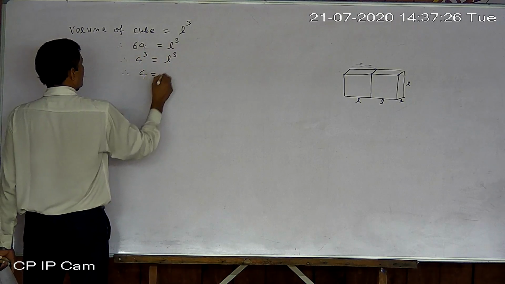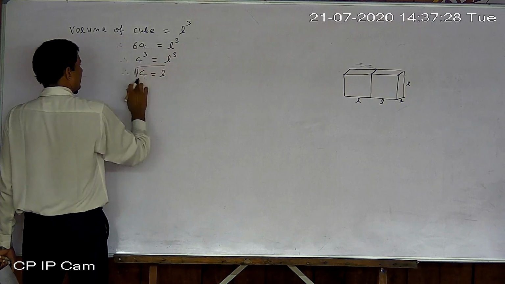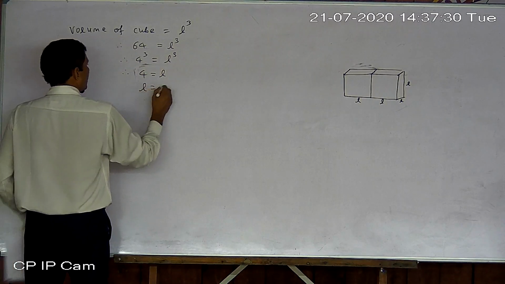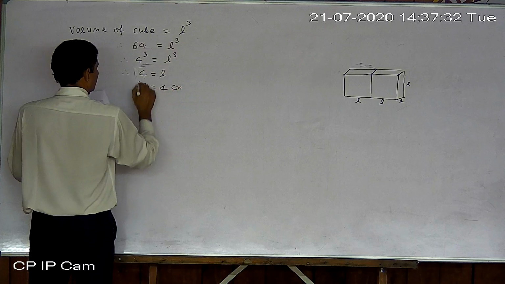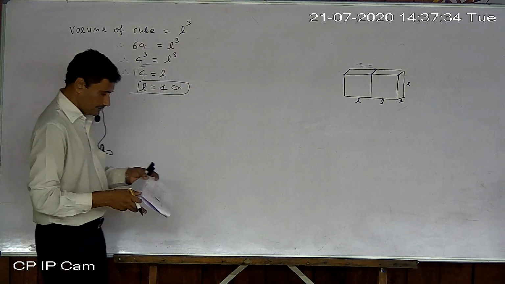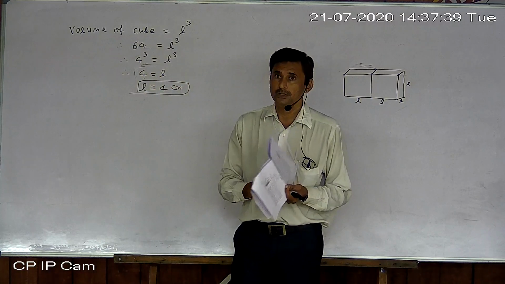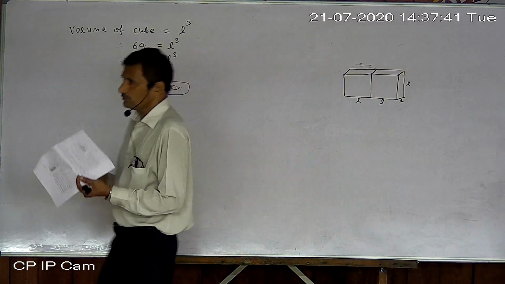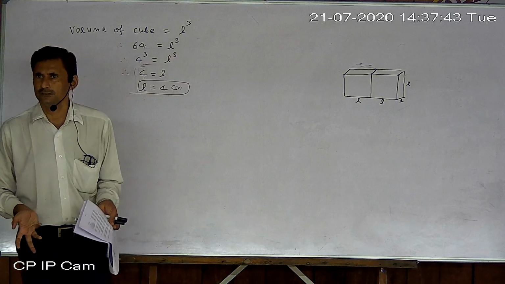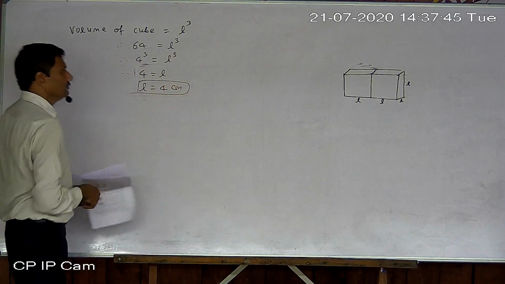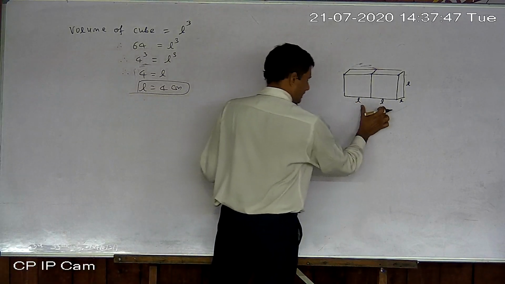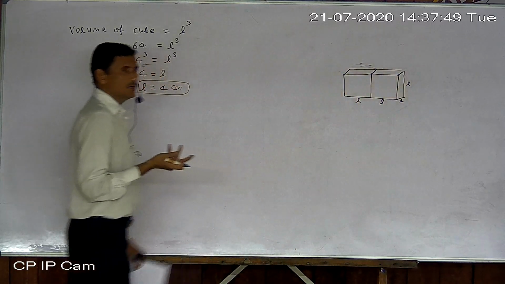Therefore 4 equals L. Systematically, L equals 4 centimeters. That is not the answer, but we got the length of the cube. If you got the length of the cube, you have everything. Why? Because the resulting cuboid has length twice of that, and breadth and height are already L and L.